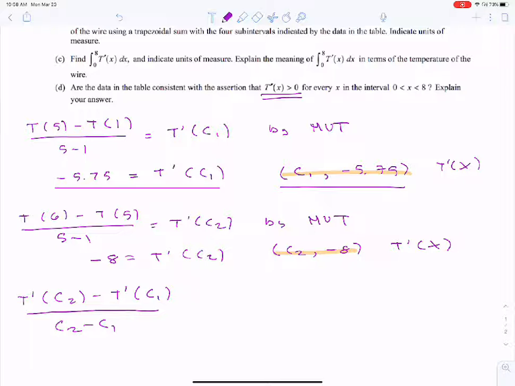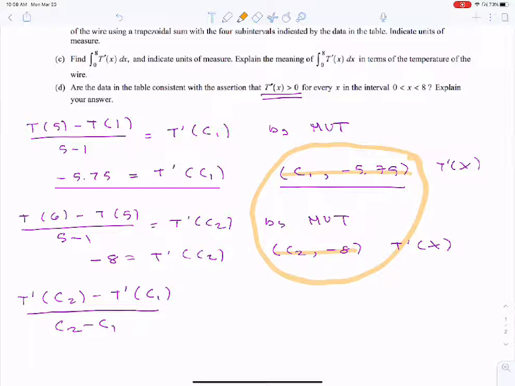Why am I doing that? Because I'm finding the slope of the tangent line between these two points. If the first one gave me the first derivative, then this one gives me a second derivative. These are average values, but the mean value theorem guarantees that the second derivative equals this value in that interval.